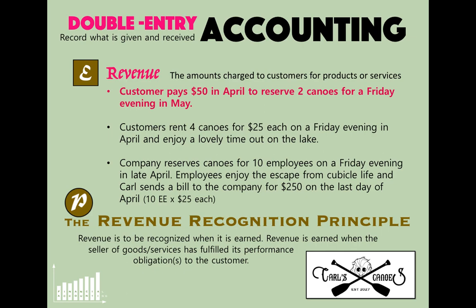Revenue. This was from our fictitious company Carl's Canoes transactions in April. So a customer paid $50 in April to reserve 2 canoes for a Friday evening in May. We're going to focus on that transaction here. I've got it in pink.